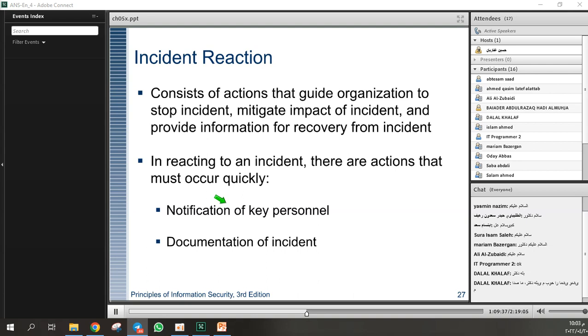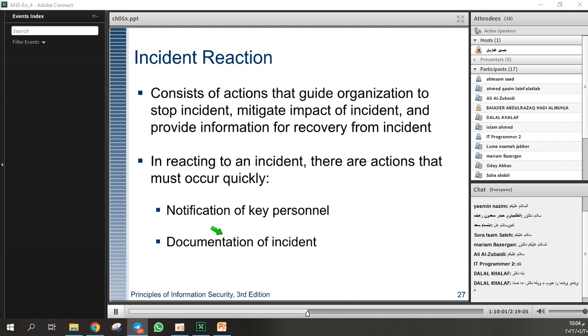But there are two more important actions during the reaction against an incident. First, I should notify the key personnel of the team, the IR team. Second, I should document the incident.